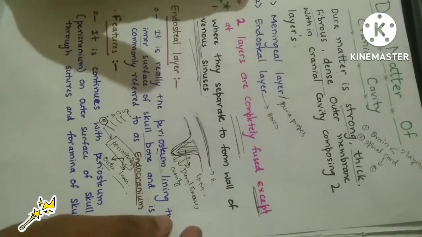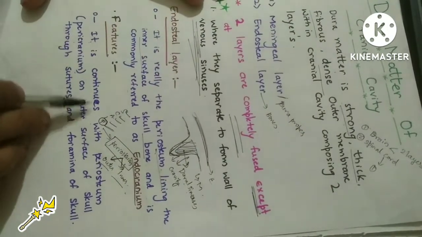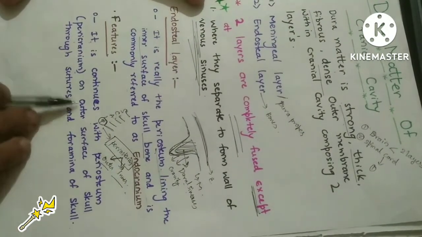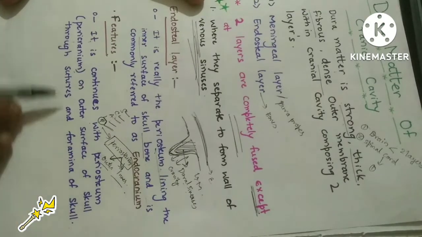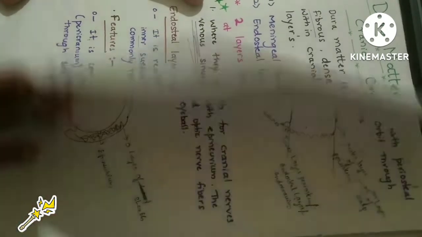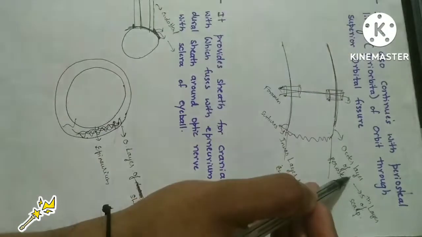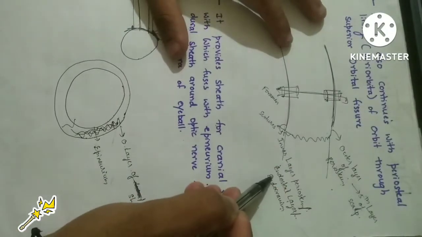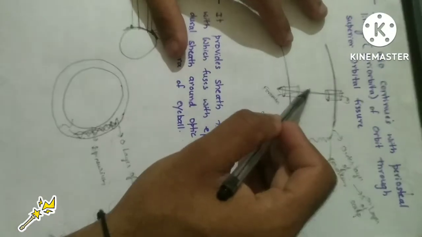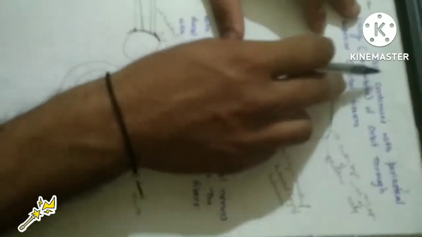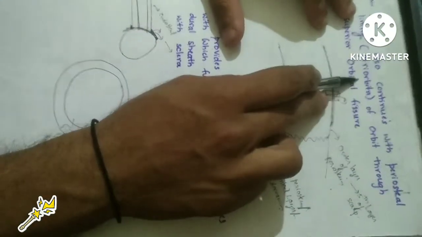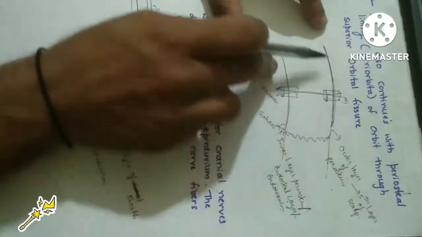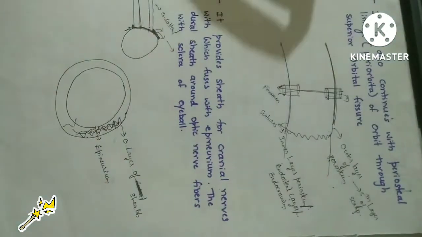So the outer layer of the periosteum is connected with the inner layer through the sutures and the foramen. It is also continuous with the periorbita, the periosteal lining of the orbit, through the superior orbital fissure.